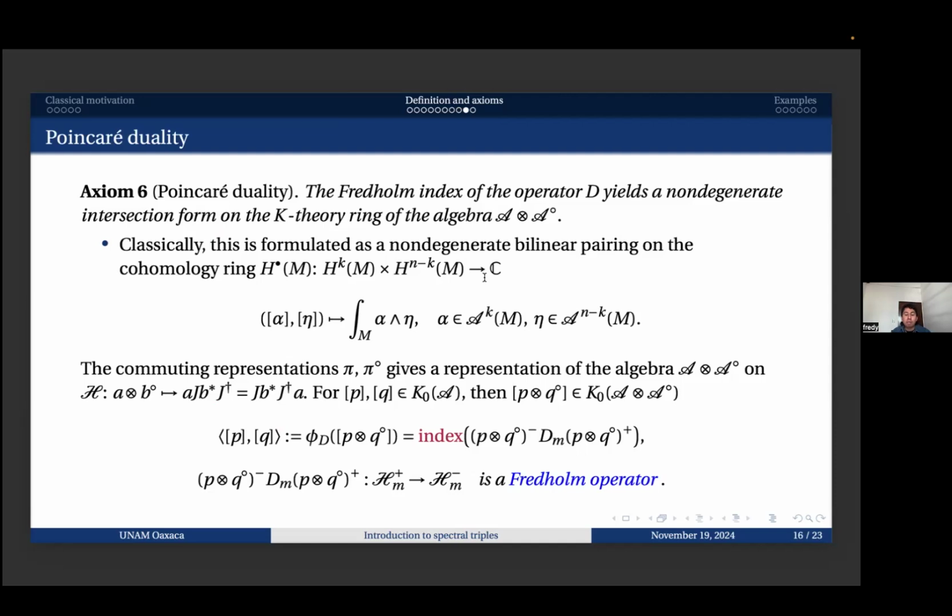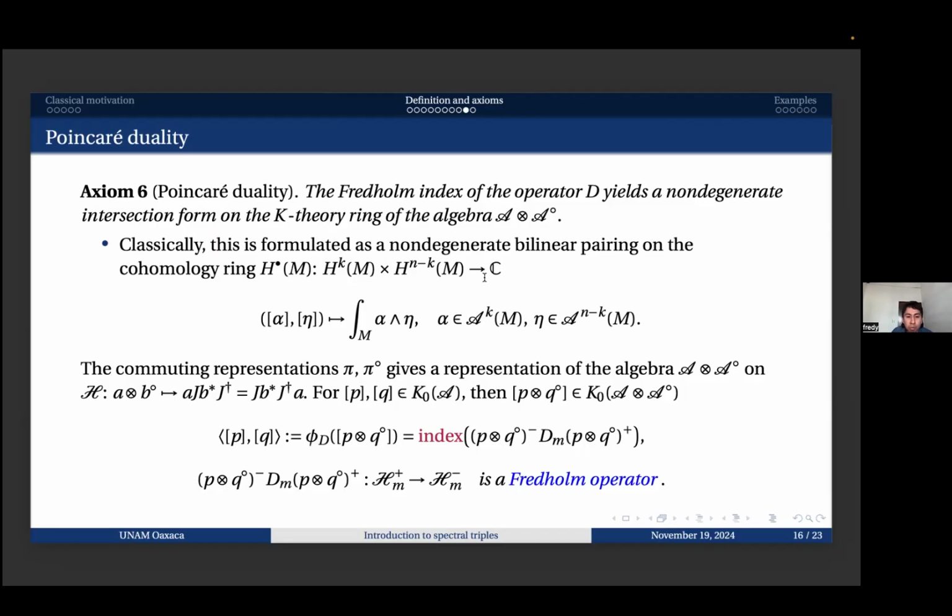And finally, we have the last axiom, the Poincaré duality. In the classical case, this is a theorem in topology.